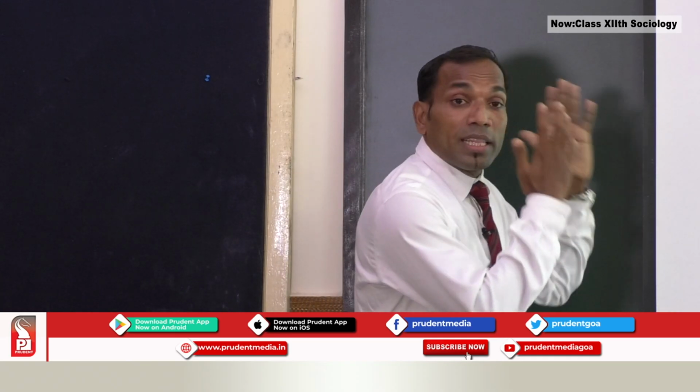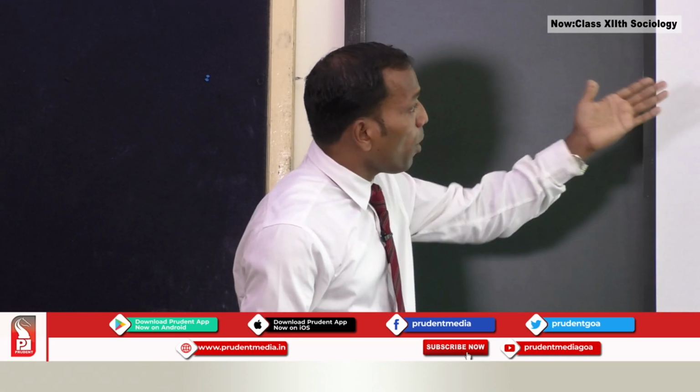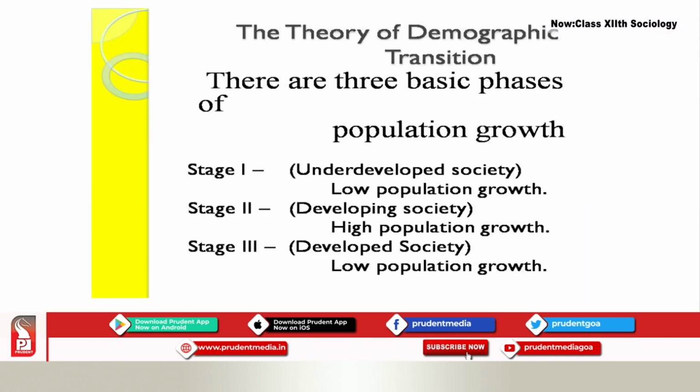Here there are three different phases of population growth. Stage 1, underdeveloped society. Stage 2, developing society. And stage 3, developed society.